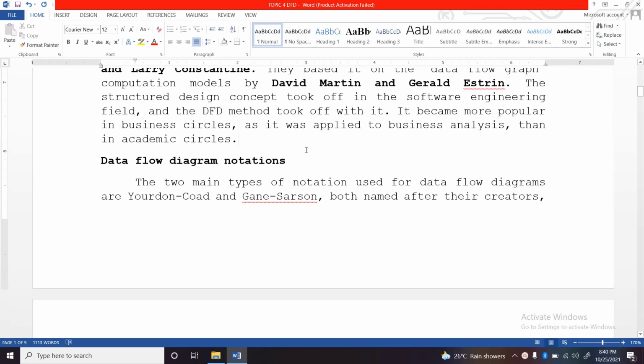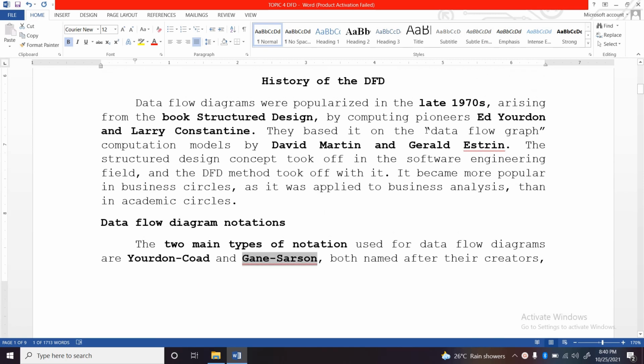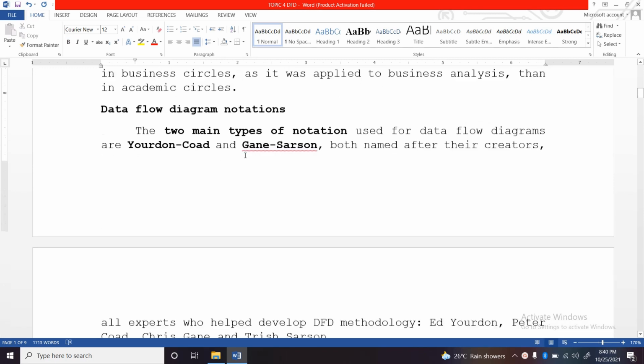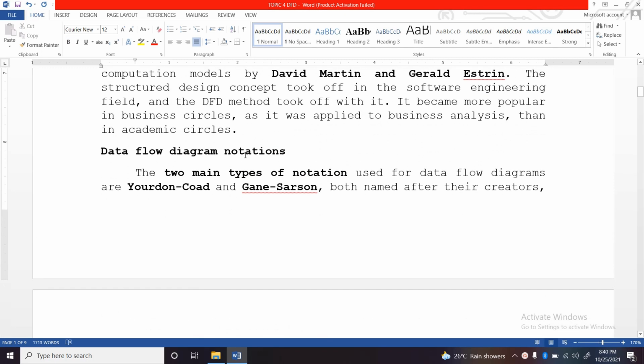The two main types of notations used for DFD are Jordan and Coad, and Gane and Sarson. Jordan is one of the computing pioneers alongside Larry Constantine from the book Structured Design. These are the two main types of notations, Jordan and Coad and Gane and Sarson. They are both named after their creators.